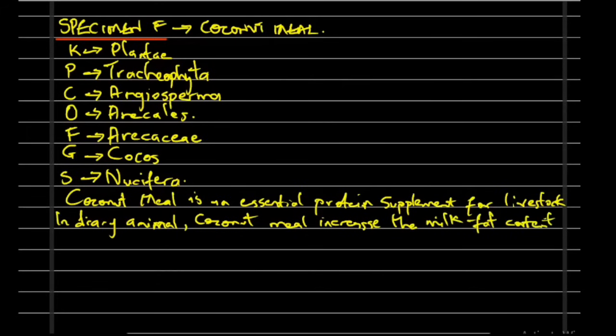So when you feed this particular substance to your dairy animals, it gives them the ability to produce milk that is rich in fat. Coconut meal provides acceptable and very useful protein supplement, like I said earlier on.